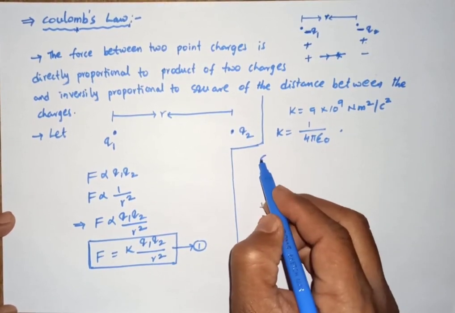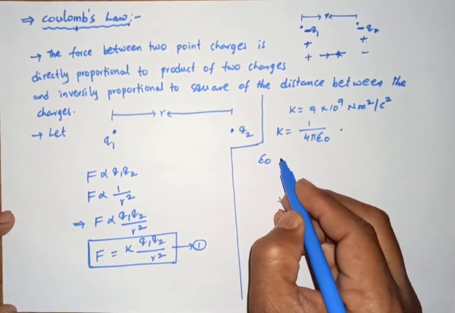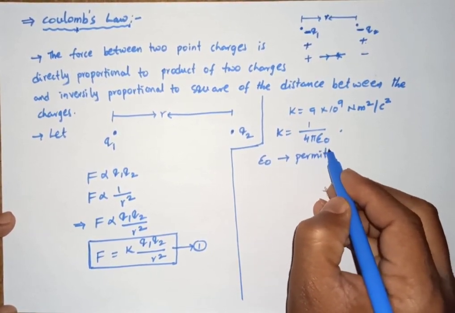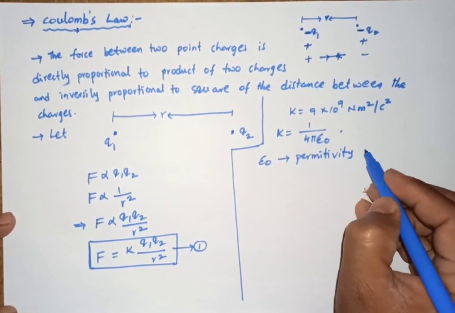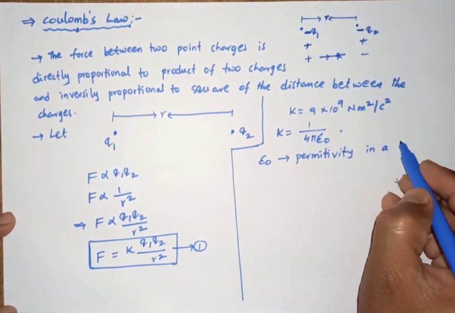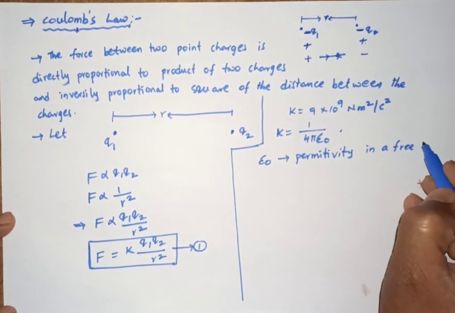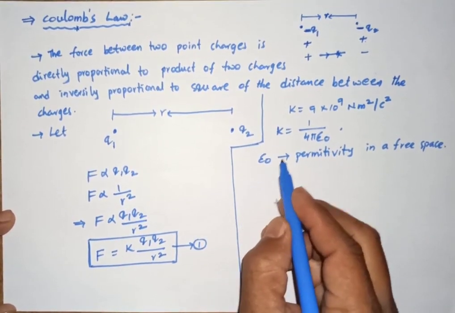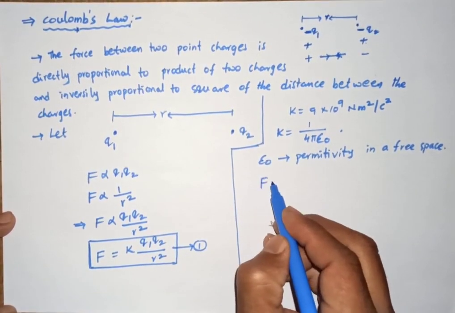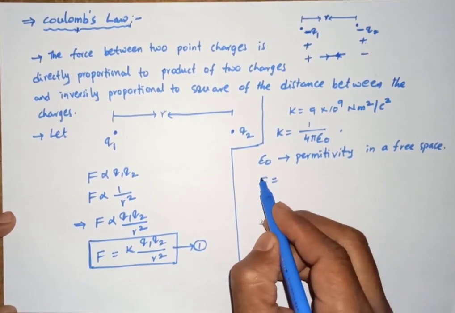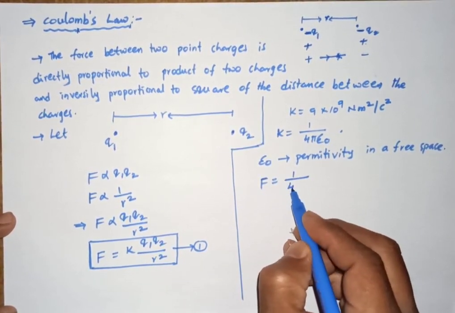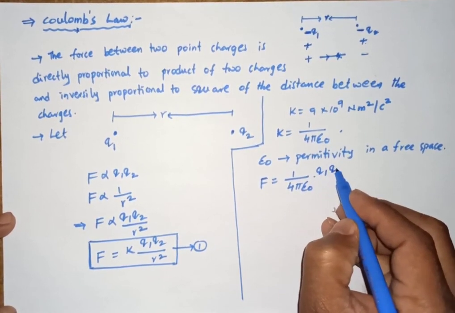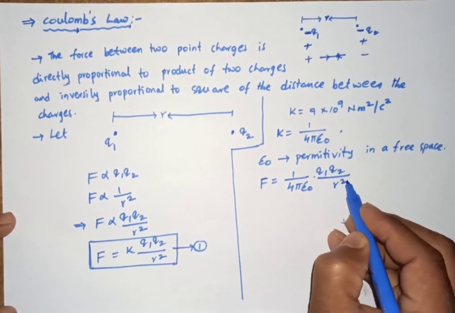Here epsilon naught is the permittivity of free space. So we can write Coulomb's law as force F equals 1 by 4 pi epsilon naught into q1 q2 by r square.